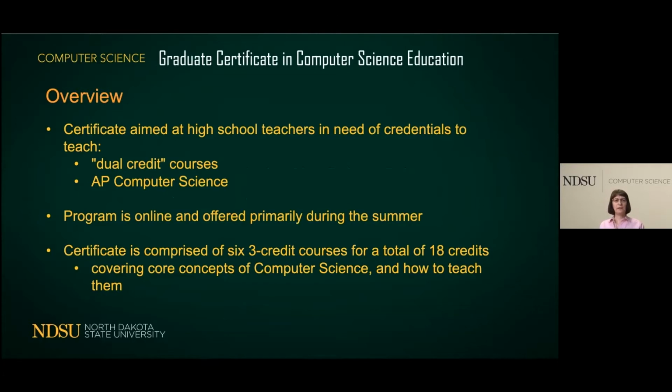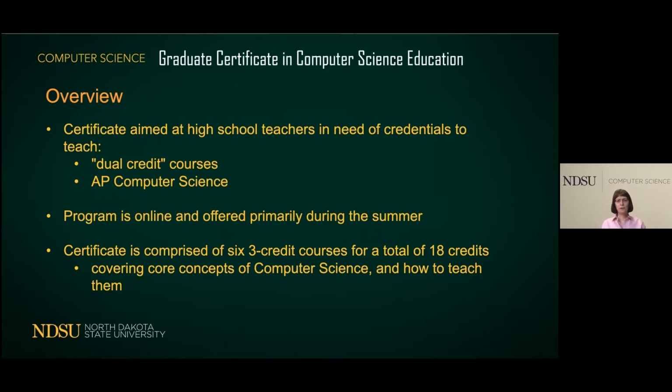So basically the certificate is aimed at high school teachers in need of credentials to teach dual credit courses, but also AP computer science exam courses that we have. The program is completely online and is offered primarily during the summer months, since high school teachers would be available and take most of their course load during the summer.